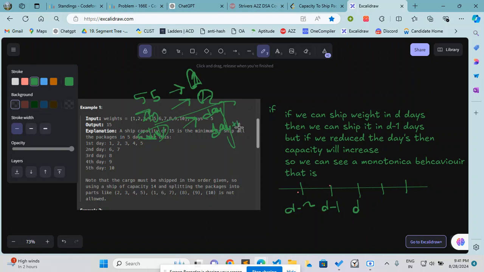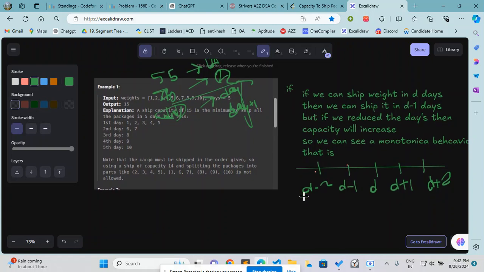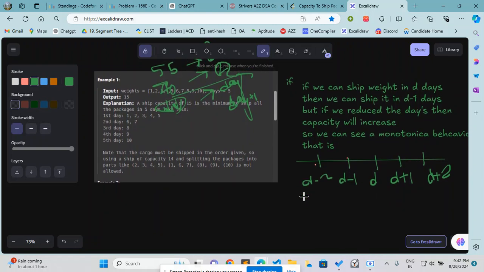What you can see is that this is a monotonic behavior, and this is a hint to use binary search. Let's try to solve using binary search.